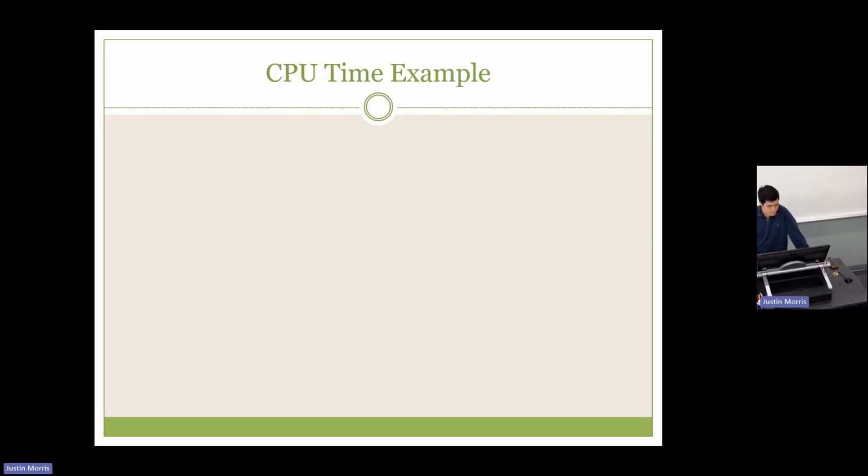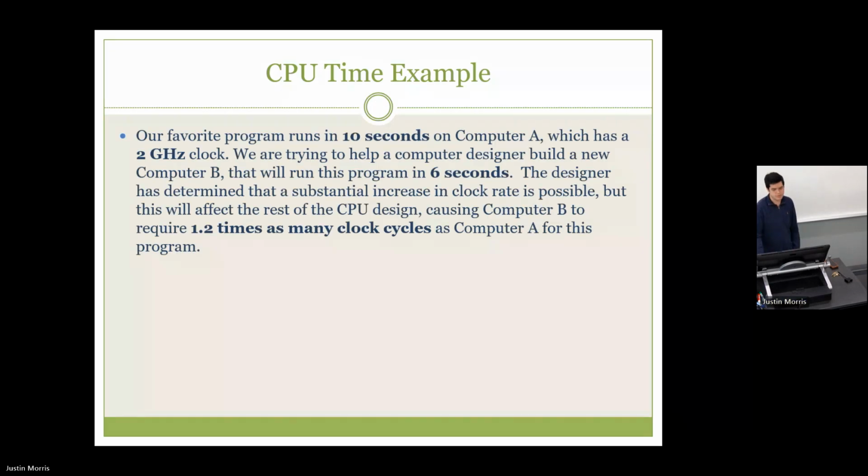Okay, so CPU time example. A program runs in 10 seconds on computer A, and it has a 2 gigahertz clock. And we are trying to help a computer designer build a new computer B that will run this program in 6 seconds.